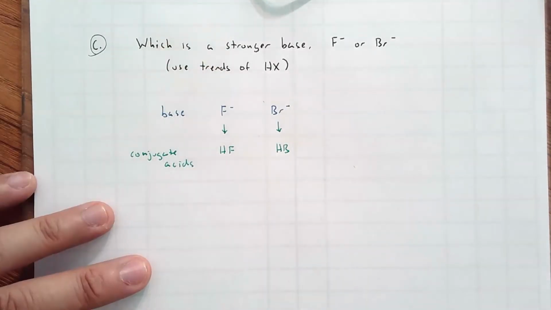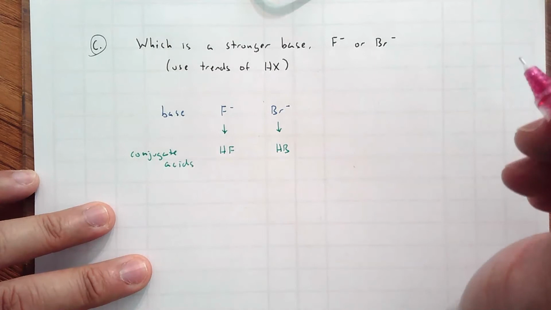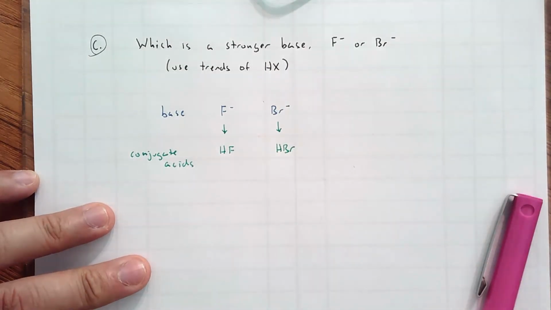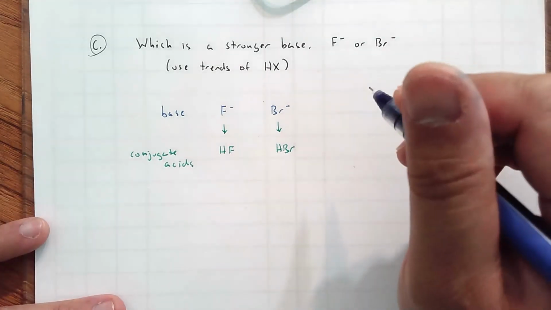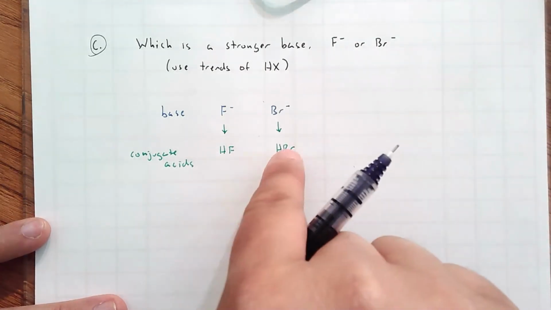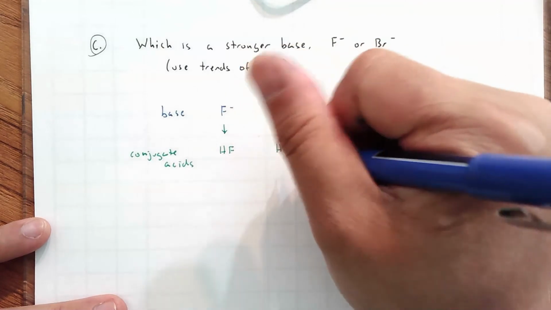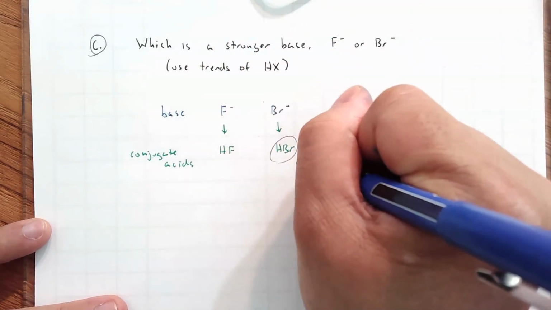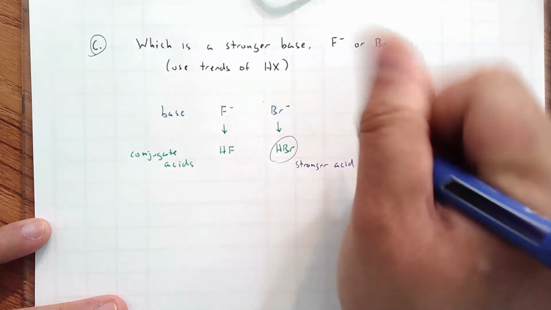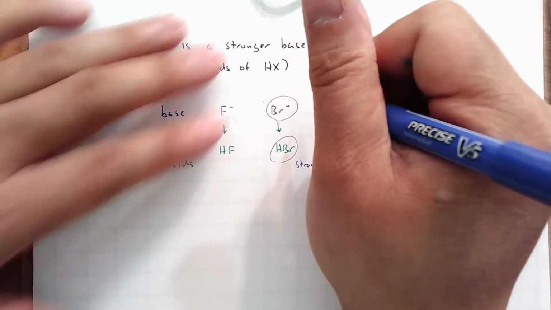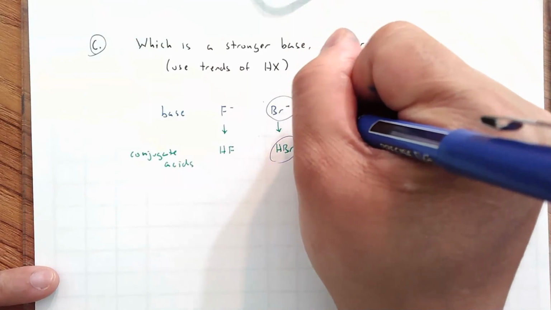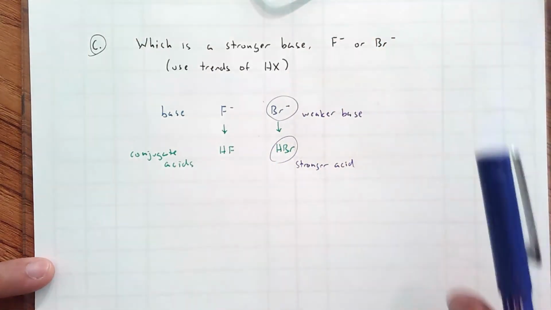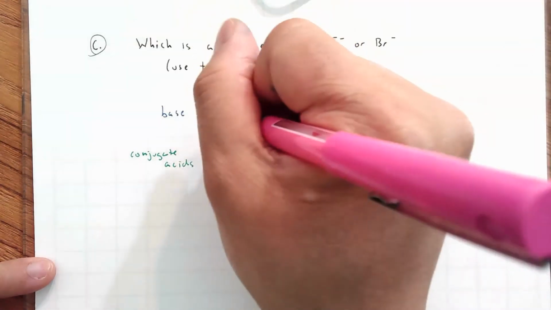We're looking for the stronger base, which means we need the weaker acid. Well, we know from our 7 strong acids, HBr is one of them, but not HF. So this is a stronger acid, and this is the weaker base. Okay, and then obviously this is the stronger base.